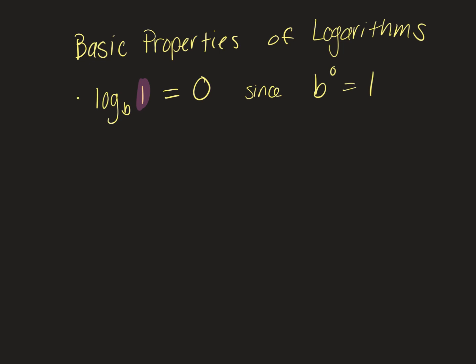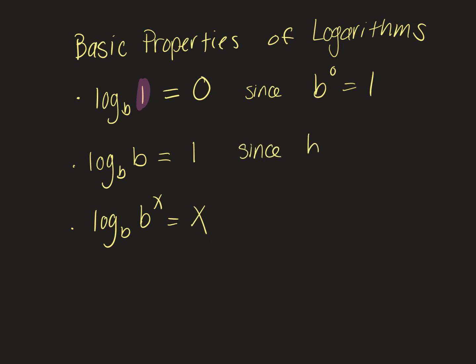If you have a log with a base b and you're taking it of the same base, it's always going to equal 1. If the base and the argument match, that's because anything to the first power is equal to itself, like 4 to the first.